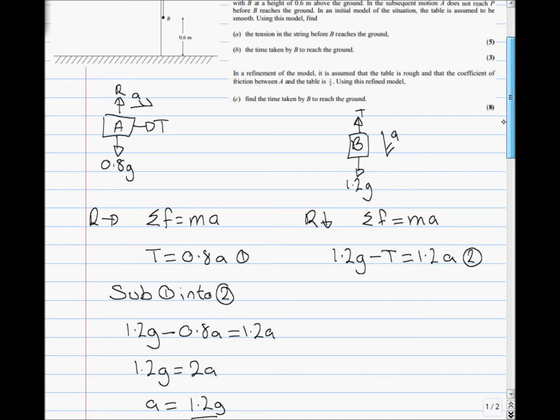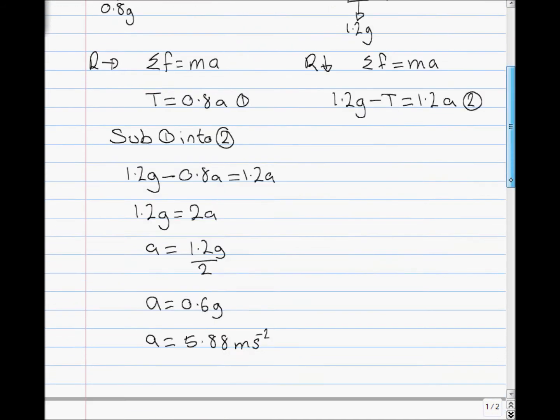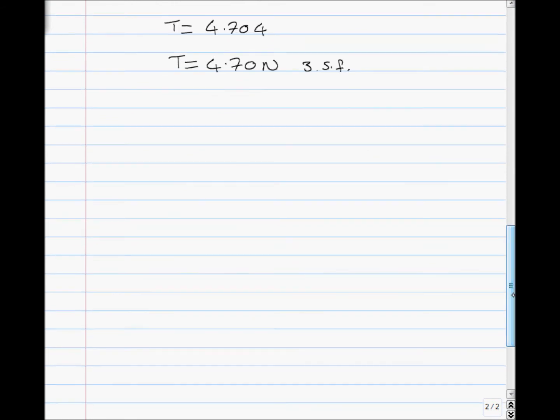Part B, the time taken by B to reach the ground. So this is going to be suvat. I'm going to redraw a diagram and put suvat on it.